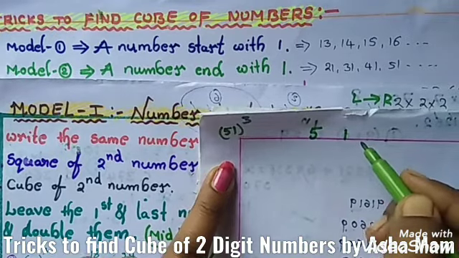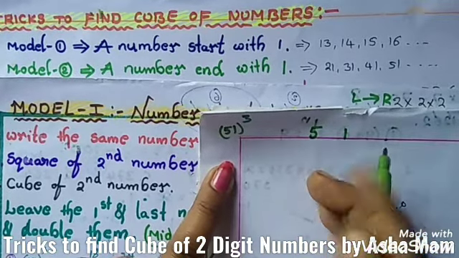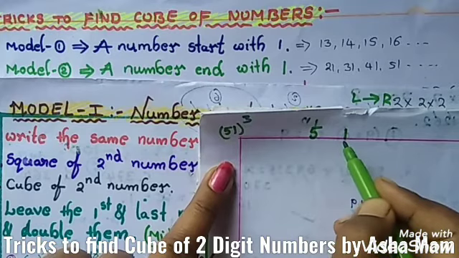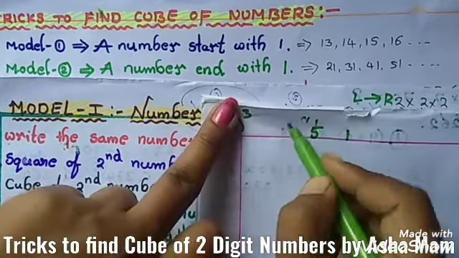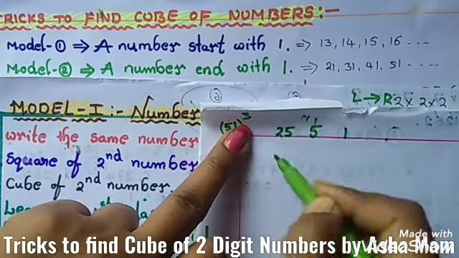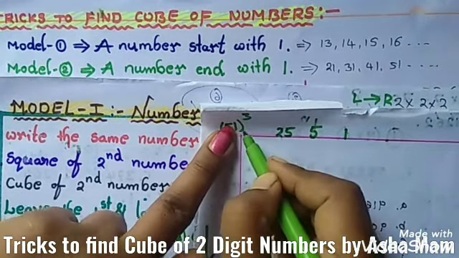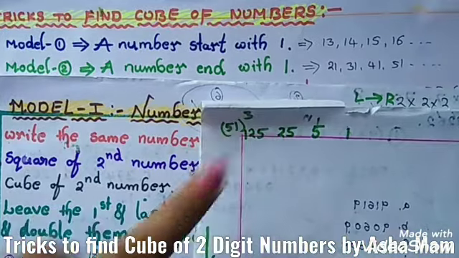It is a reverse order, okay? So RHS to LHS, 1 and 5, 51. Now square of this second number, 5 5s, 25, and 5 into 5 into 5, 25 into 5, again 125.